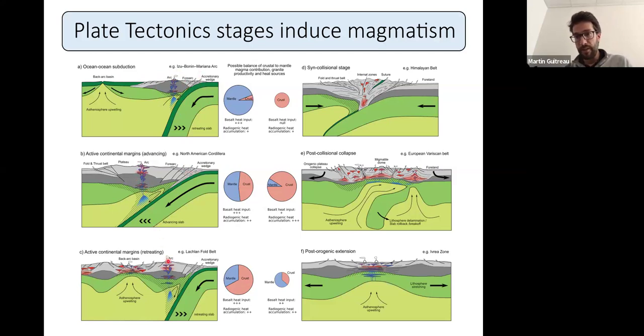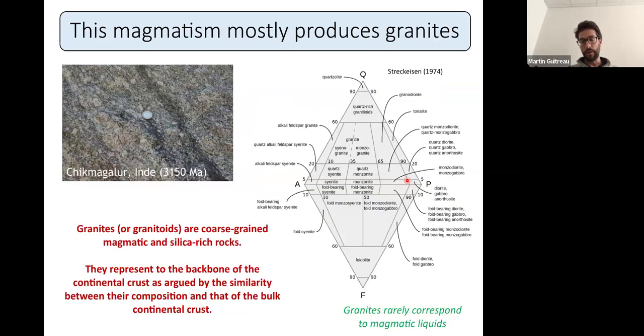But in many stages, even after collision, as you can see here and here, you will have magmas generated. And these magmas will most of the time form granites.